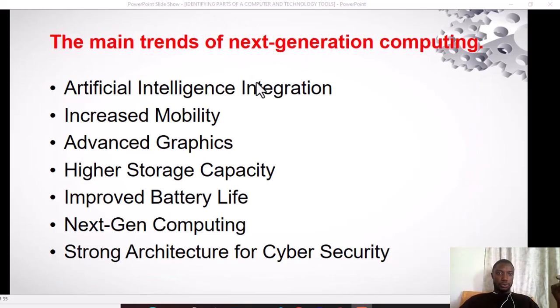We'll be looking at the main trends of next generation computing.